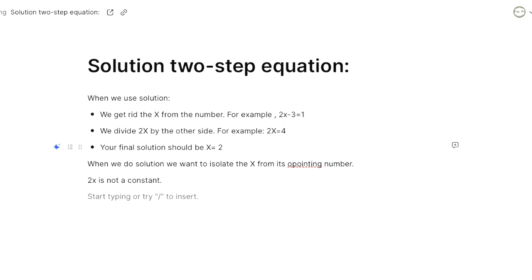When we do a solution, we want to isolate x from its appointing number. When I say appointing number, it's the 2 right here. 2 is the appointing number of x.